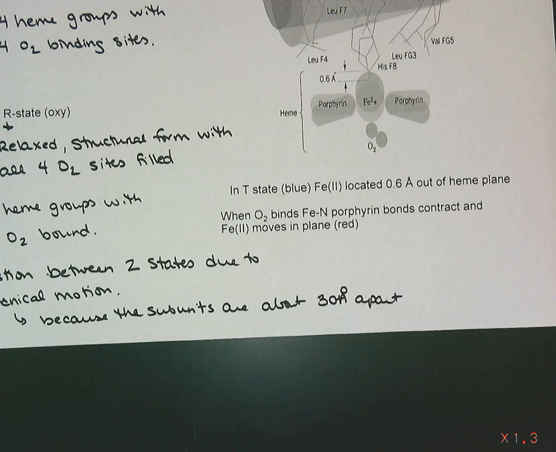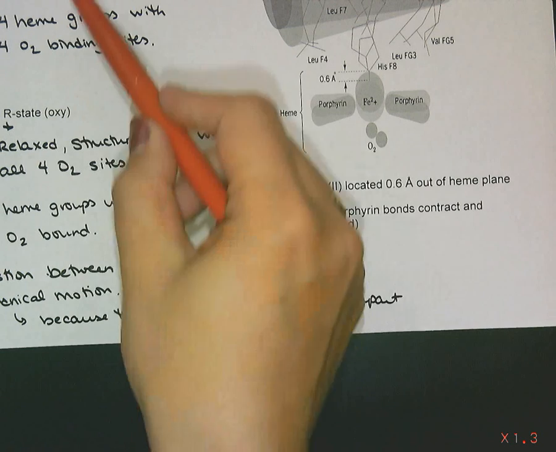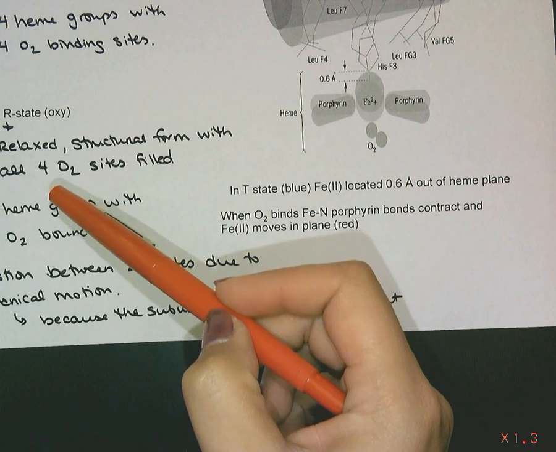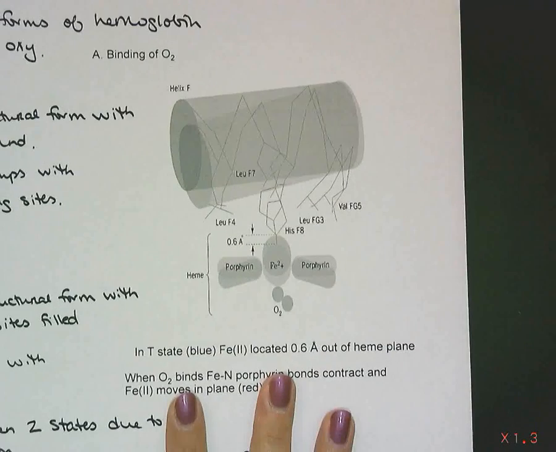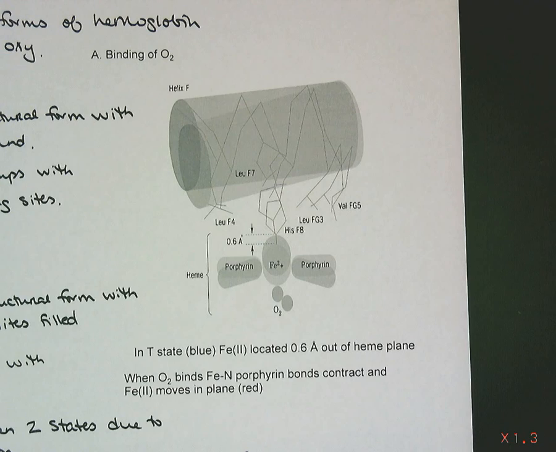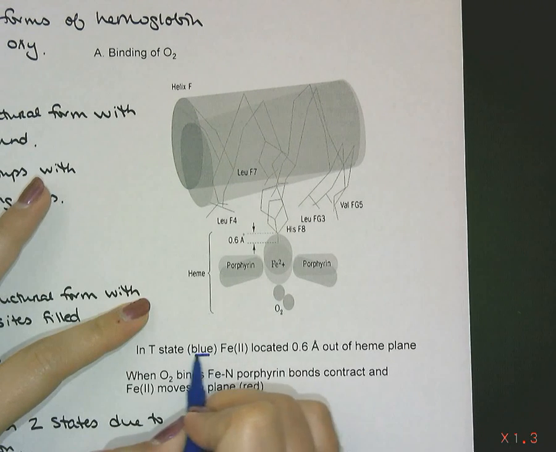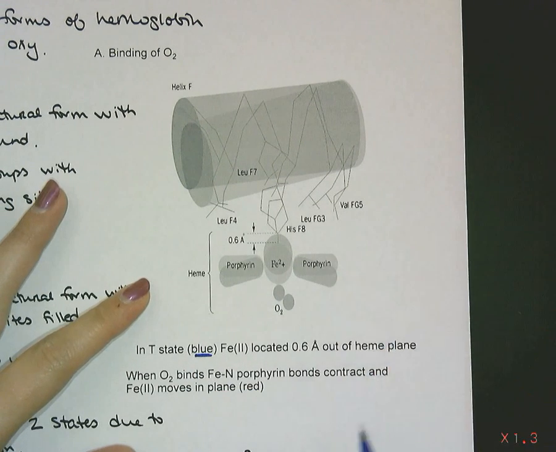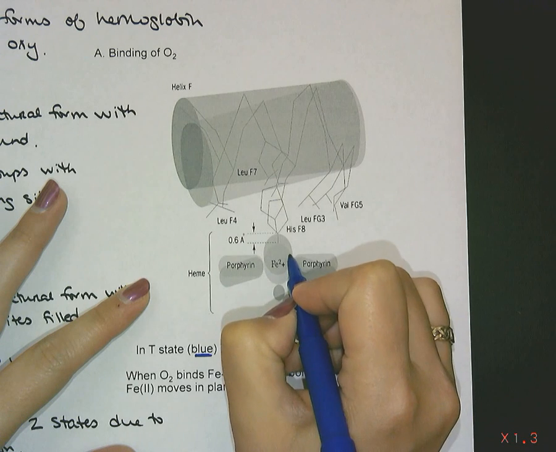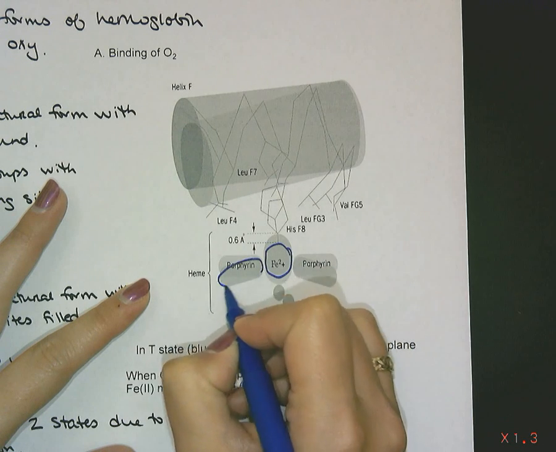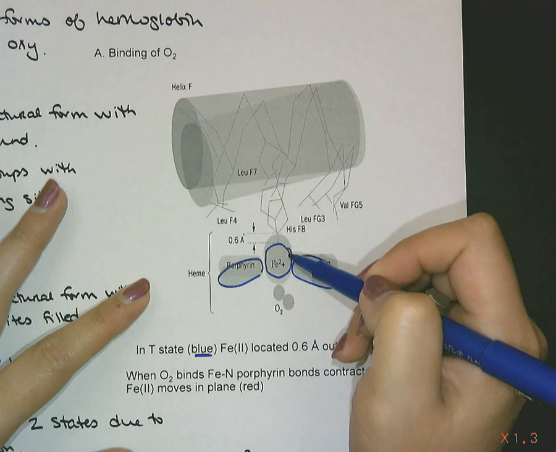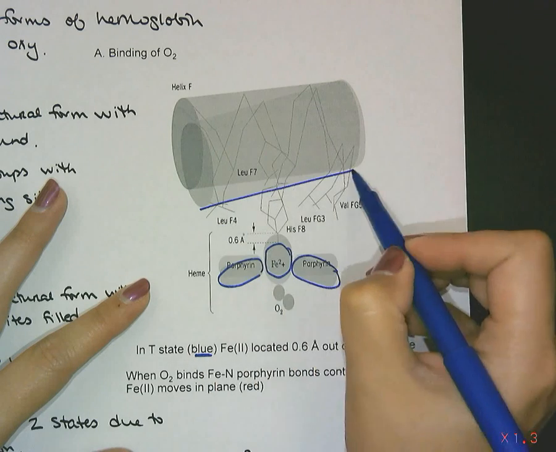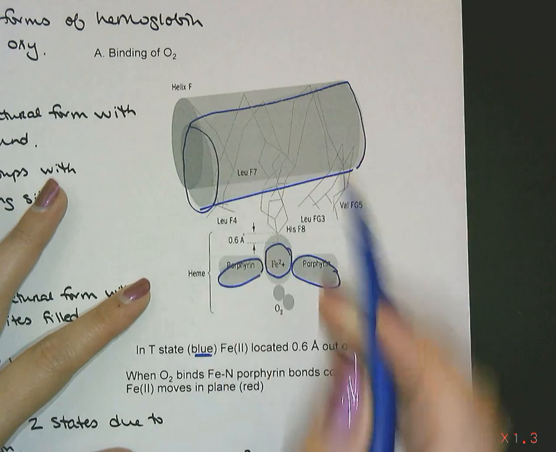So how is it possible that one oxygen binding starts this shift of mechanical motion? So let's take a look at my picture over here. All right, so the T state, which is going to be blue, is going to be this guy, that guy, and that.